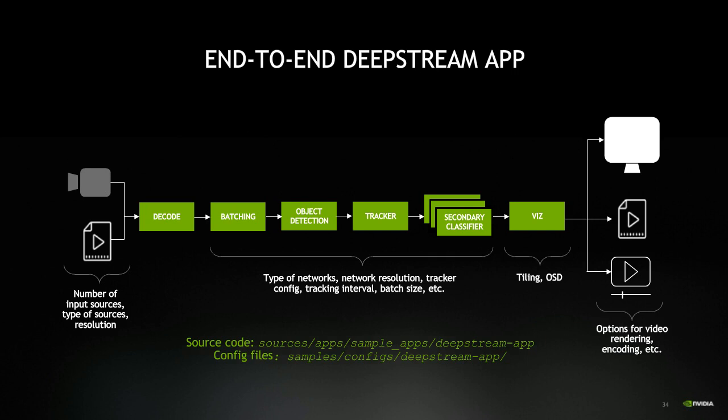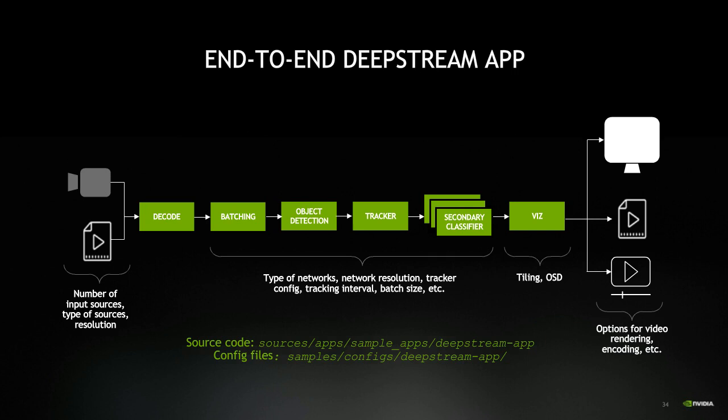For input, you can specify any number of input sources, any type of input sources, so this could be a file, RTSP, camera, as well as the input resolution. For inference, you can control the batch sizes, the network type, the network resolution, the detection interval, GPU ID, and more. In addition, you can specify options for a secondary network and a tracker.